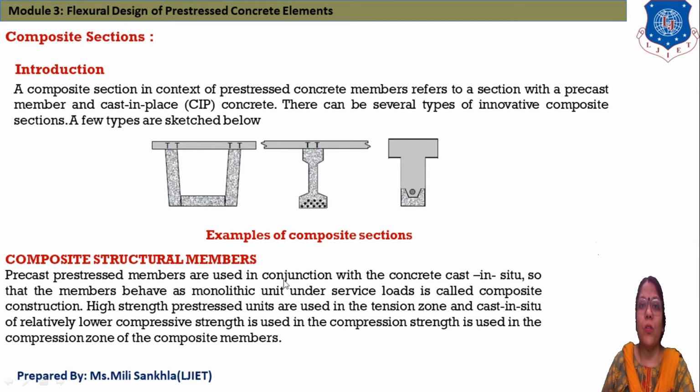Now we understand how the stresses are induced in this composite structural member. In a composite structural member, high strength prestressed units are used in the tension zone, and cast in situ concrete of relatively lower compressive strength is used in the compression zone of the composite member.